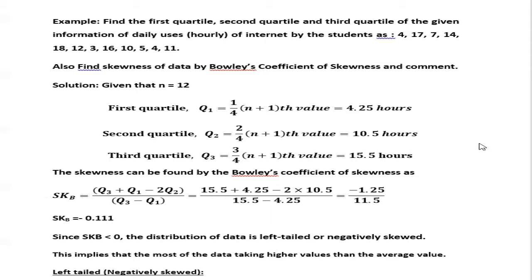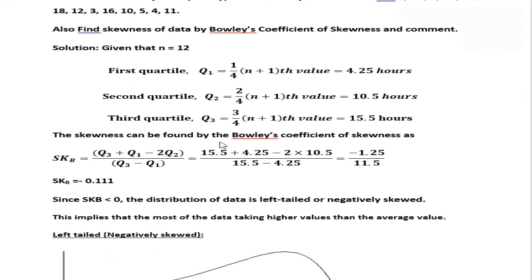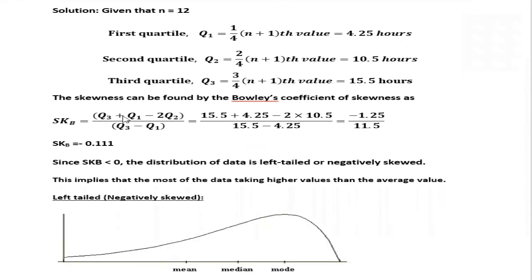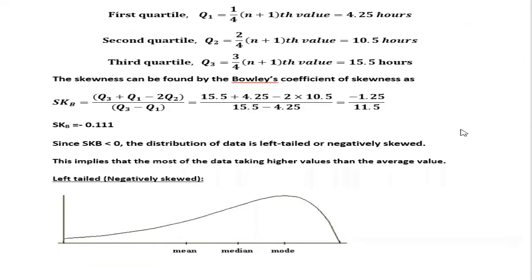After putting all the values in Bowley's coefficient of skewness, that is Q3 plus Q1 minus 2Q2 divided by Q3 minus Q1, we will get minus 1.25 divided by 11.5, which will be minus 0.111. That is, Bowley's coefficient of skewness is negative, less than 0. So the distribution of data will be left tail or negatively skewed.